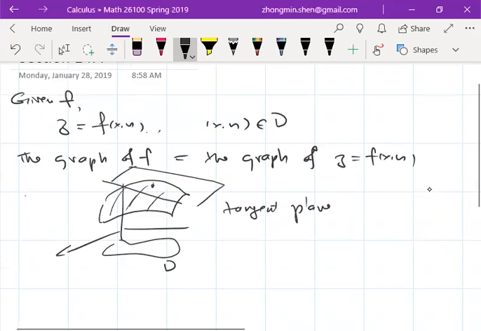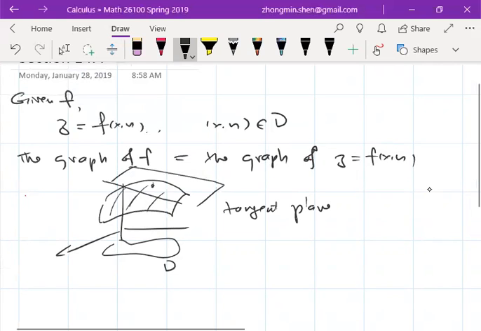In order to find the tangent plane, what do you have to do? In the book, you are already given the formula without any proof.